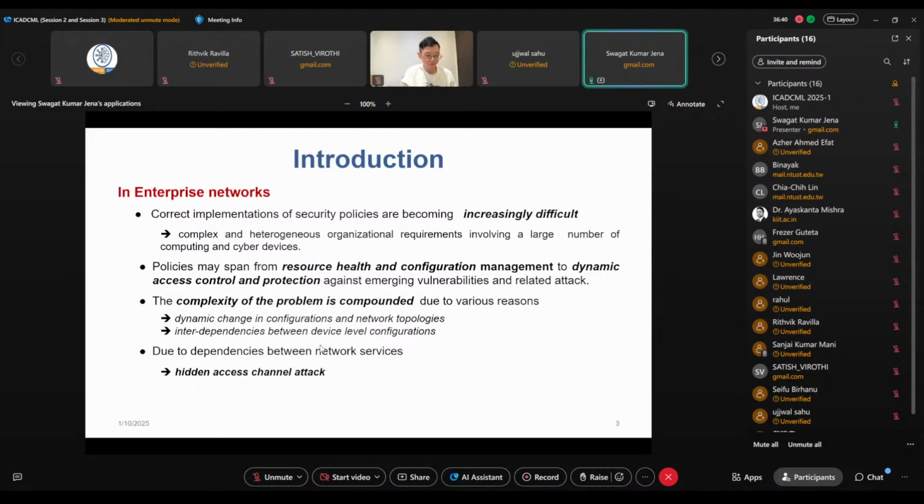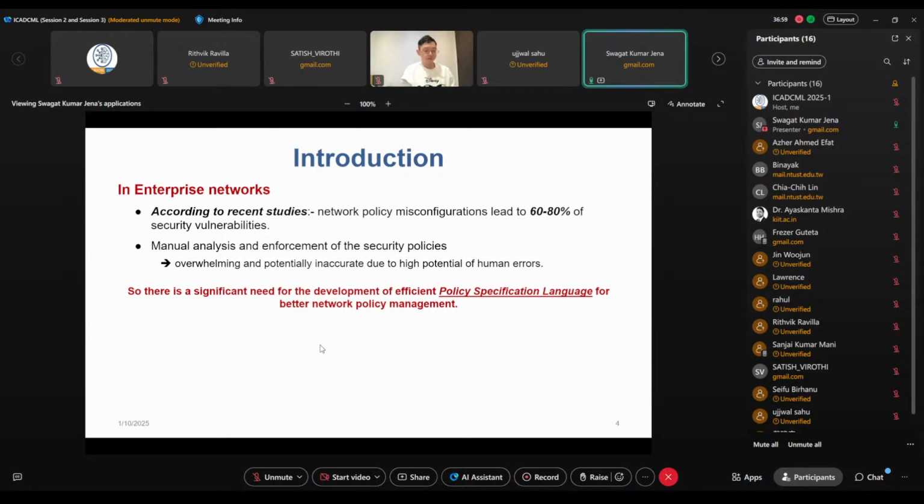Because of this dependency, it also sometimes leads to hidden access channel attacks, which might expose the organizational resources to the attacker. Recent studies show that network policy misconfiguration leads to 60 to 80% of security vulnerabilities.